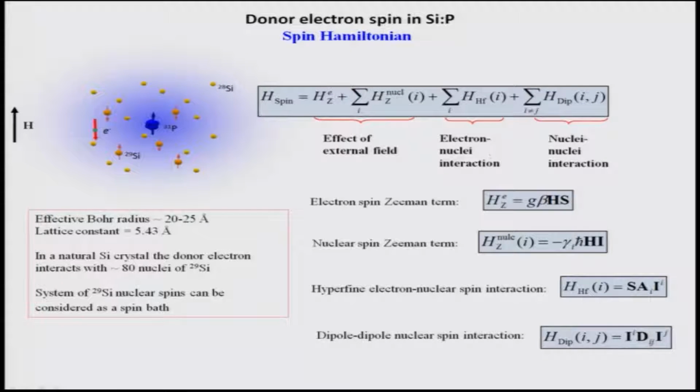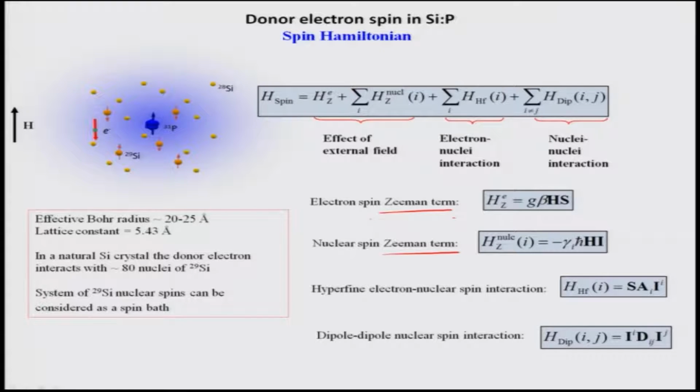The total spin Hamiltonian is a result of these different parts: external field, electron nuclei interactions, nuclear interactions, and they are composed of different parts. The effect of the external field is due to the Zeeman effect because of the applied magnetic field. It can give rise to that. The nuclear spin could also have a Zeeman term. So there would be two parts.